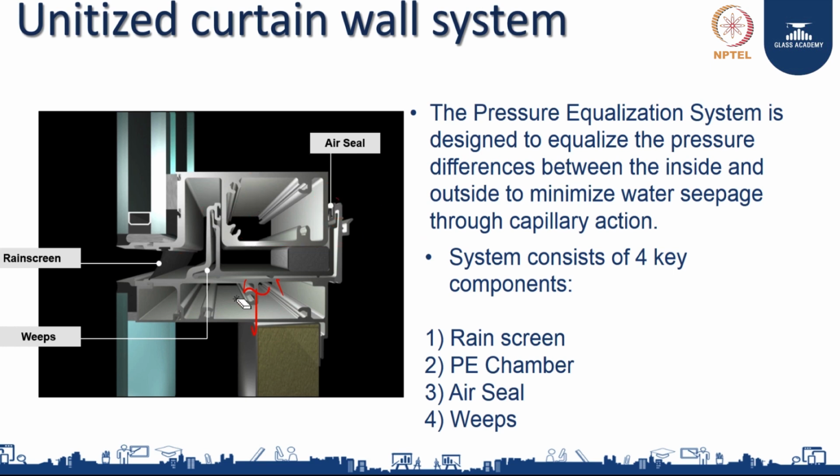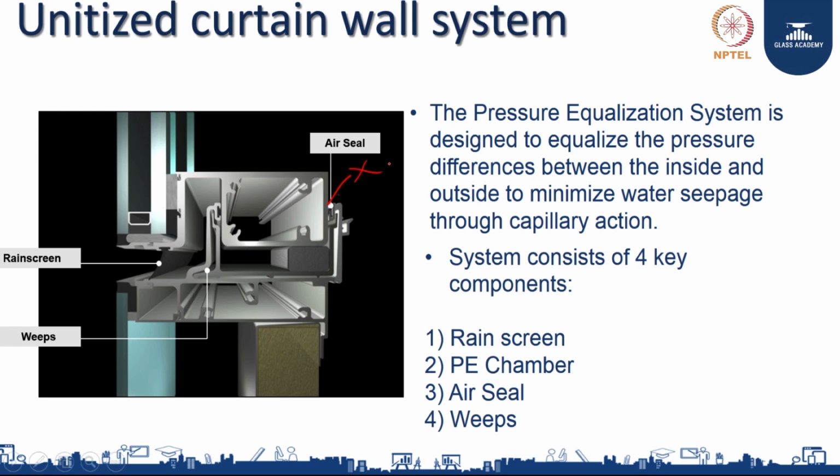And one more most important thing while you are designing this, you have to take care of capillary action as well. What is capillary action? If any suction is there, i.e., you have air under pressure, you have water. So, if you allow air to escape, they will push the water up. Say, for example, I do not have this air seal.